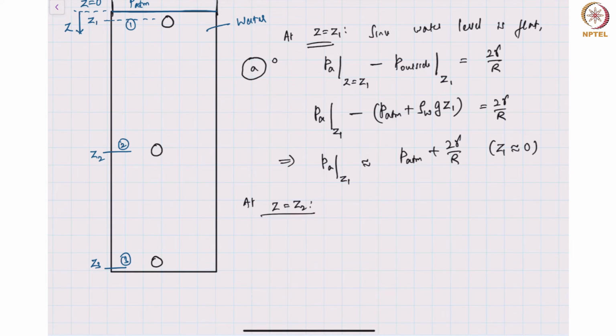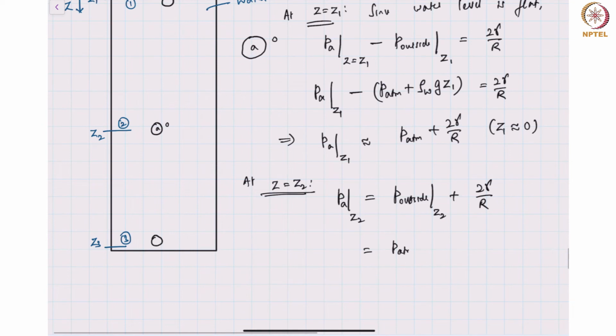At z equal to z2, the pressure inside the bubble will be equal to the pressure outside the bubble at z2 plus again 2 gamma by r. So this is air inside, and outside the bubble the pressure would be P atmosphere plus rho water g z2, plus 2 gamma by r.